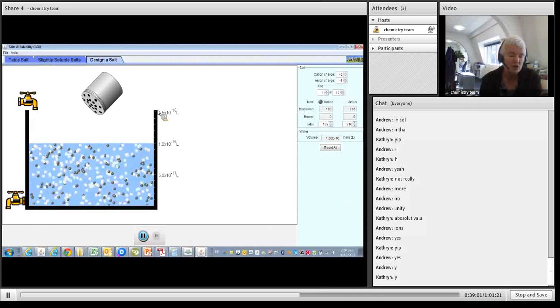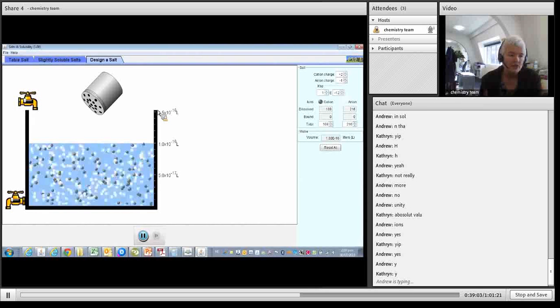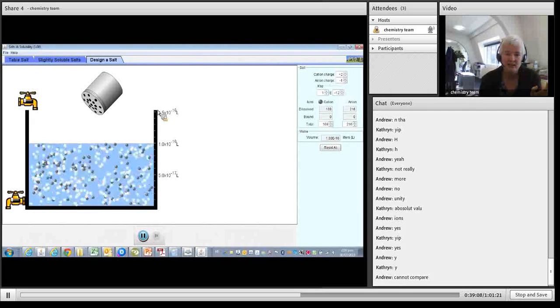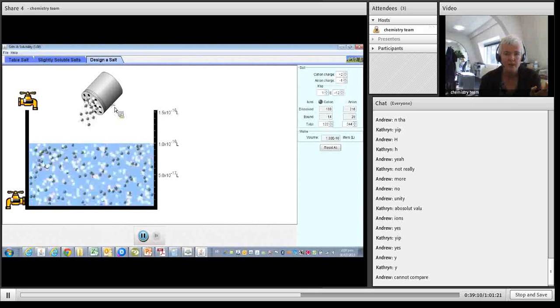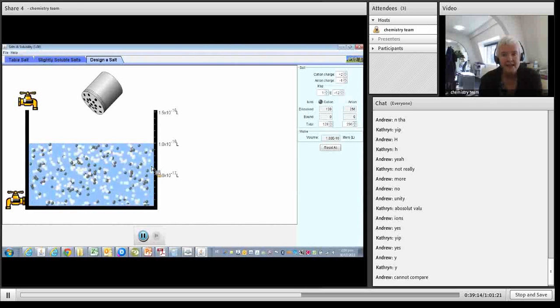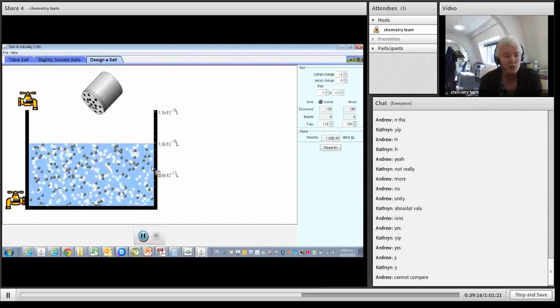Which one is more soluble? You can't do that because they're different ratios, because here you can see dissolving a lot more. The only way I can compare KS values is if I do it for the same ratio.